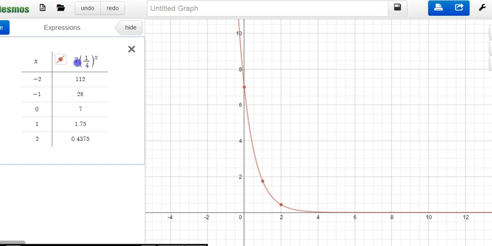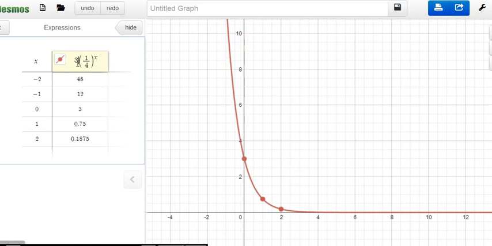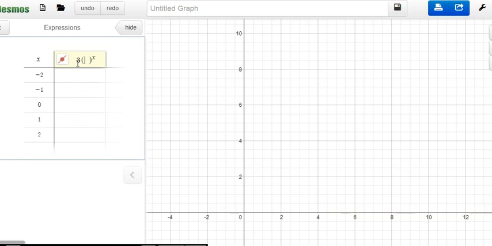Okay? And if I change this, let's go back to the other one, which was the other one? 3 times 6 to the x. So 3 and 6. Okay, and remember the y-intercept occurs when x is 0, right?